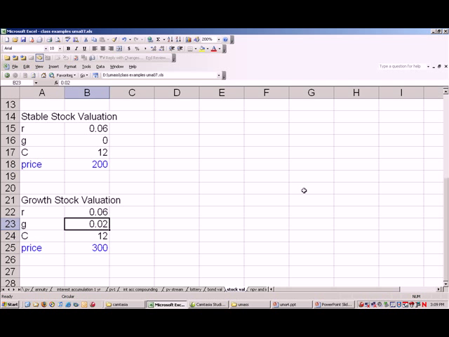Because you can look at the current dividend, you can look at essentially the market capitalization rate, which is the rate of return that the market wants to earn on firms of a particular risk level. These two numbers are pretty well known to the market and to the world generally. However, the growth rate that's expected for a firm is something that is not well known by the market in general unless the firm shares that information publicly.